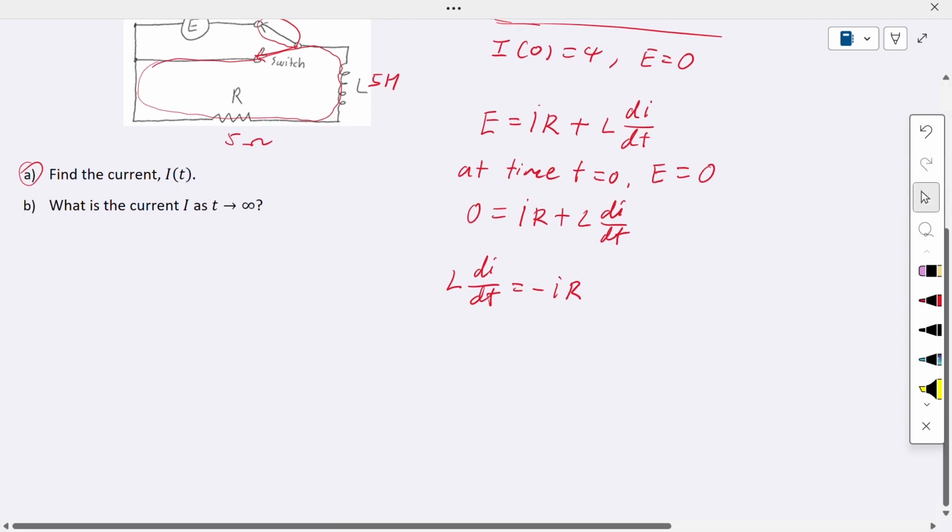Now we can do the integration of this part. We move the I to the left side and bring the constant to the right side.